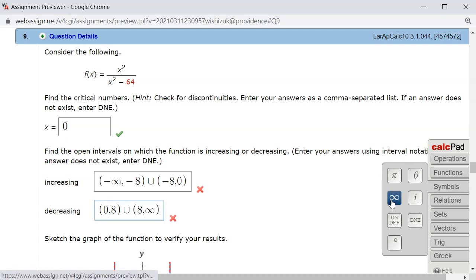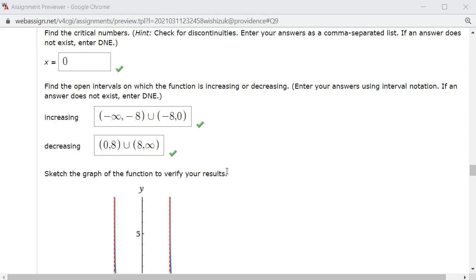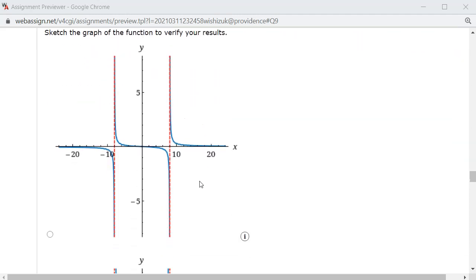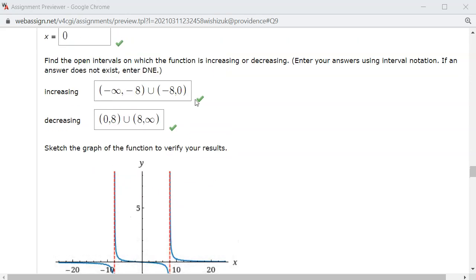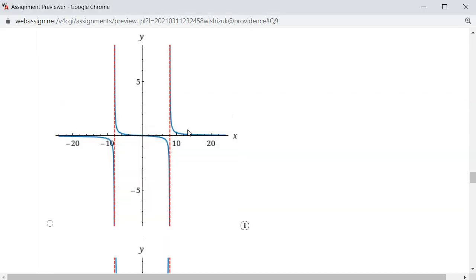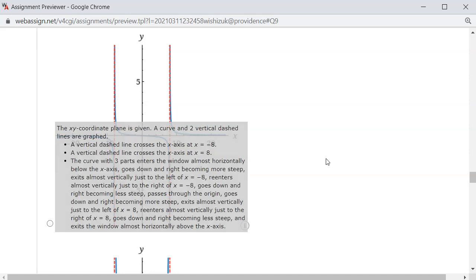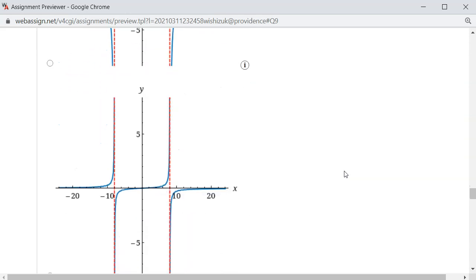Let's check the answer. It came back, and looks like we got the increasing and decreasing intervals correctly. Then we want to pick the correct picture. In the beginning it's increasing, and after 0 it's decreasing. This one does not follow the pattern because it's decreasing there. Here it starts out decreasing, so this is not it.